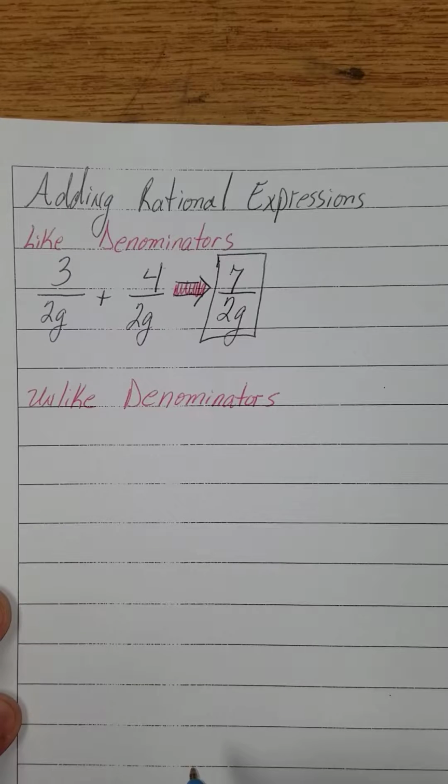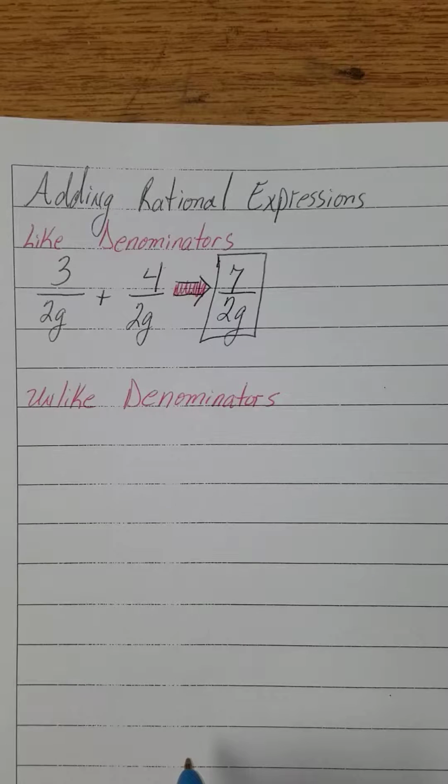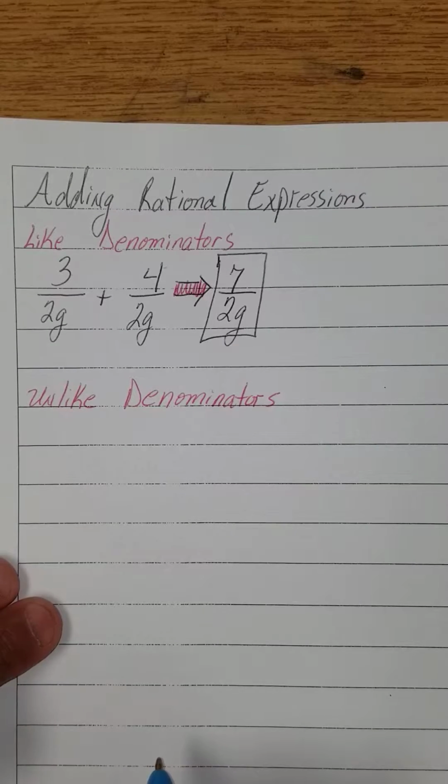As long as you find the LCD, the least common denominator, that's one method, or we can use the cross multiplication method. I'm going to show you guys both methods. You choose the method that works best for you. All right, so let me just find one at random and we're going to get to work.